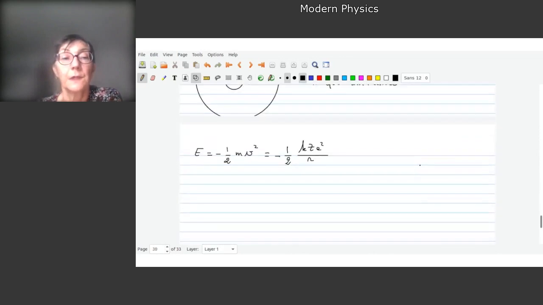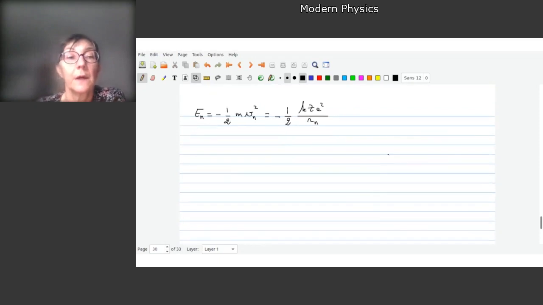And as we have quantized orbits, we will also have quantized velocity.